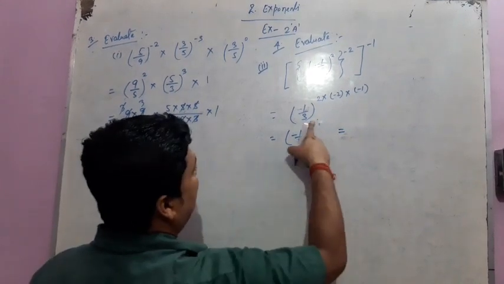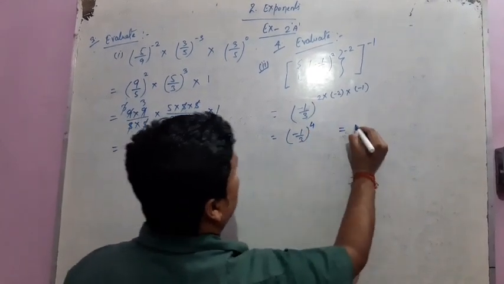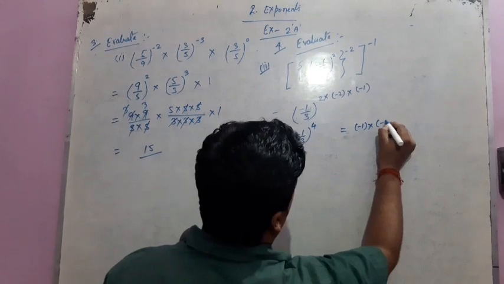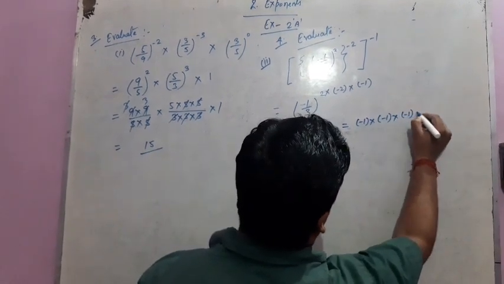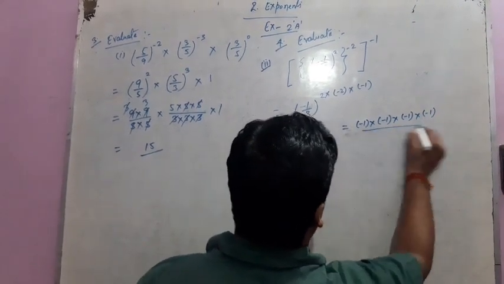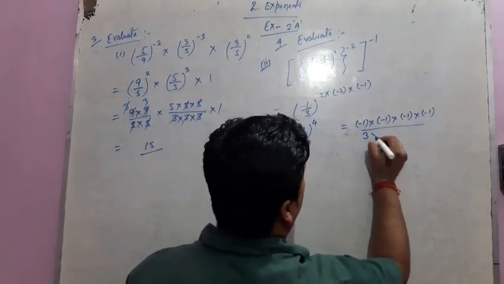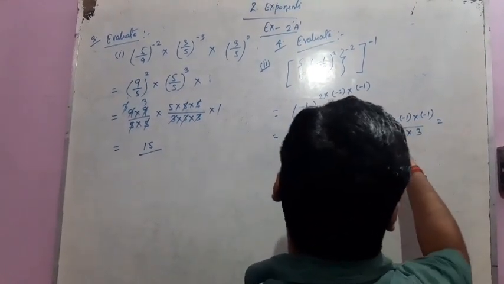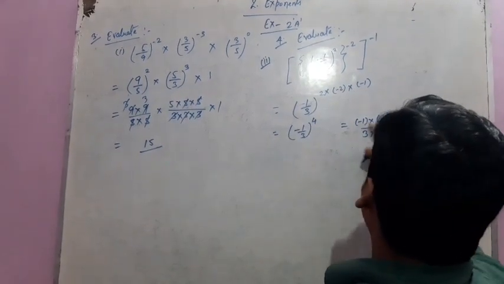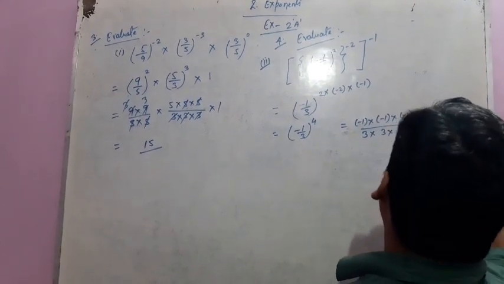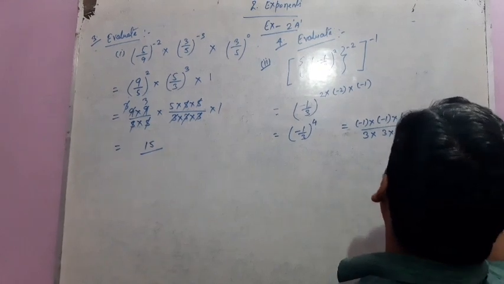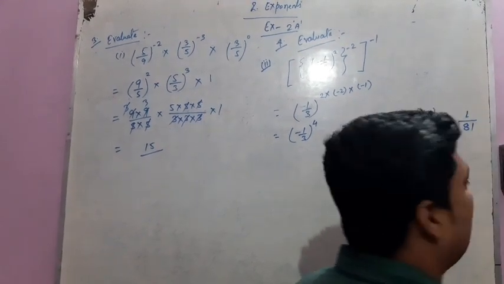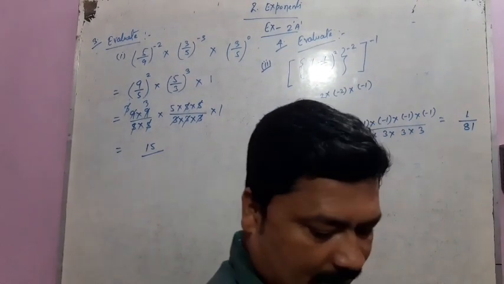Now that means minus 1 we have to multiply 4 times, and 3 we have to also multiply 4 times. 1 1 1 1, minus minus plus, plus minus minus minus minus plus. 3 3 are 9, 3 are 27, 3 are 81. 1 upon 81. That is the answer.